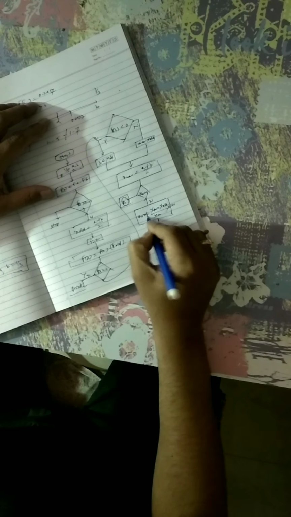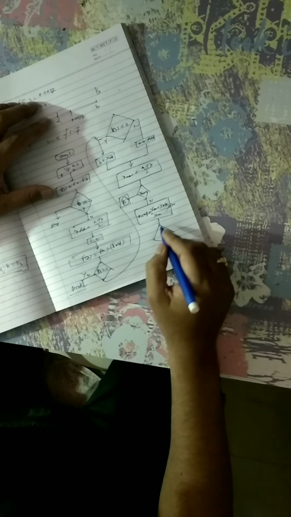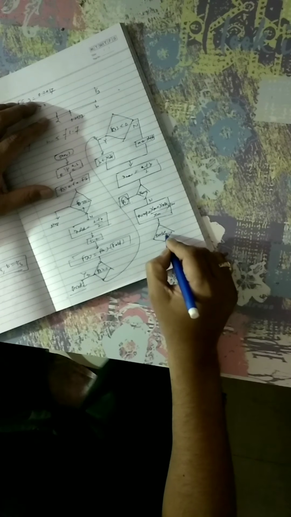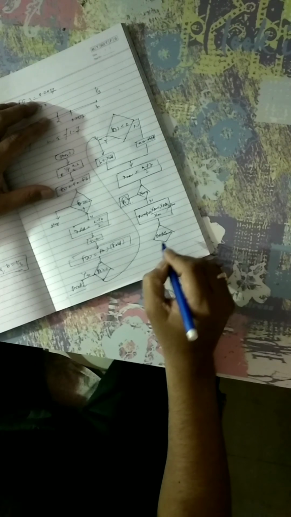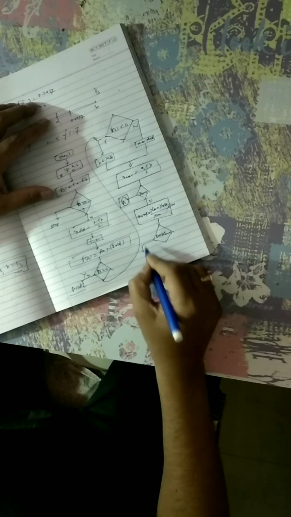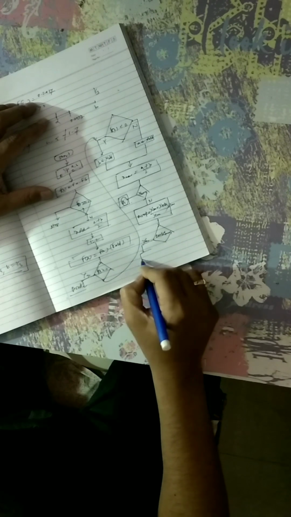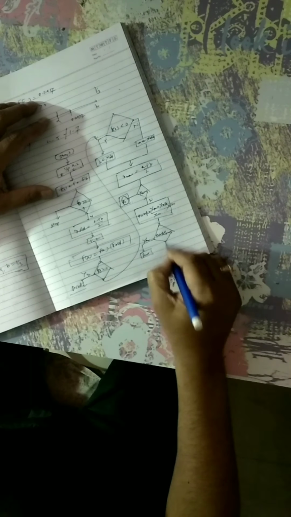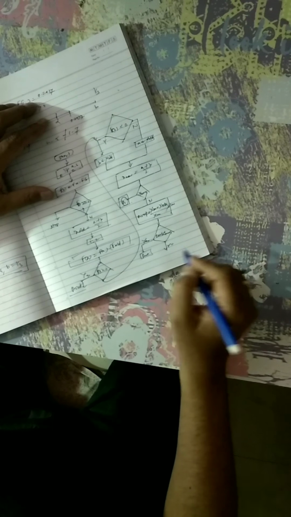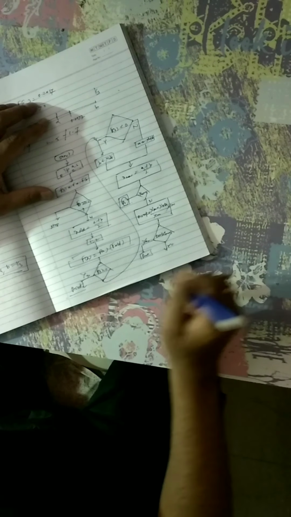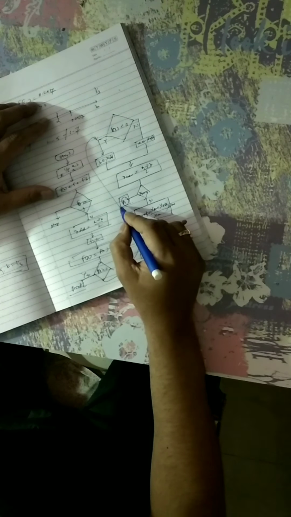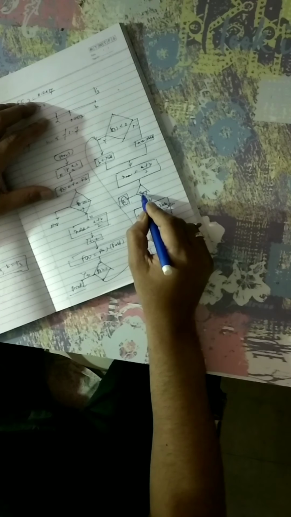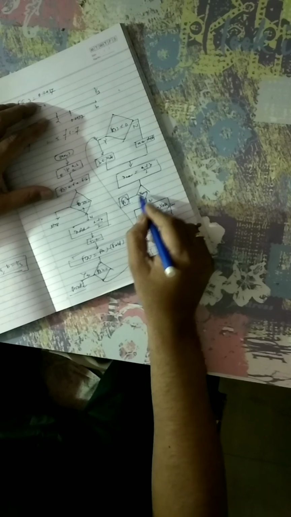This is error 1, okay, you can say, and then if error 1 is less than the error, then go for the print, that is we got the answer.